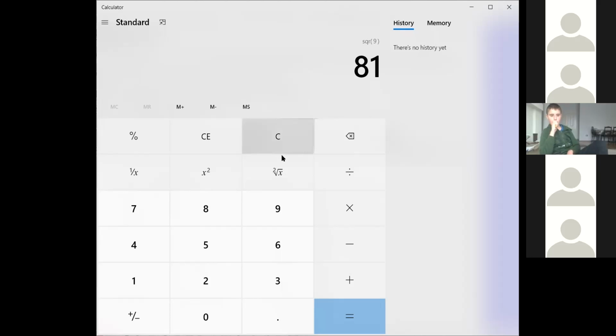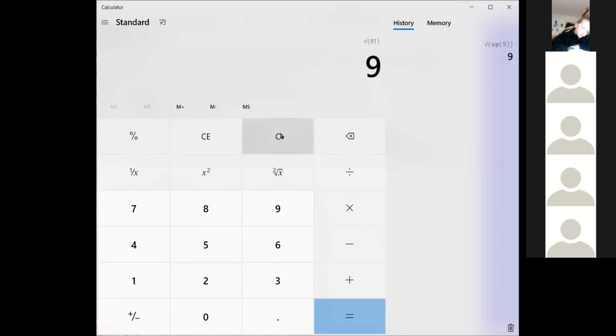I want to take the square root of the 81. Did you see? So in calculators, you can take the square of a number and the square root. We know that the square root of 81 is 9, as you see. What about 82?